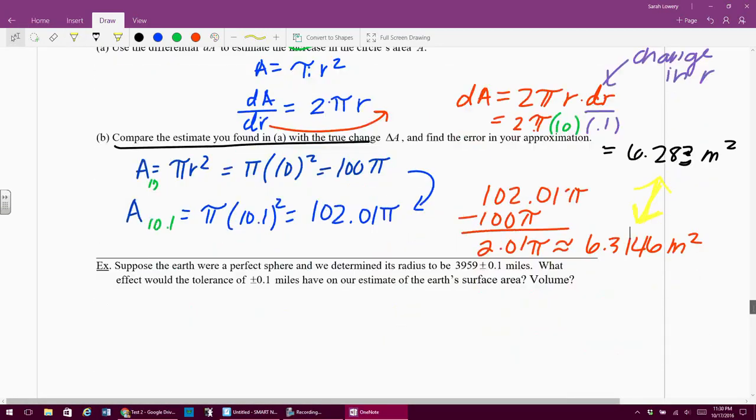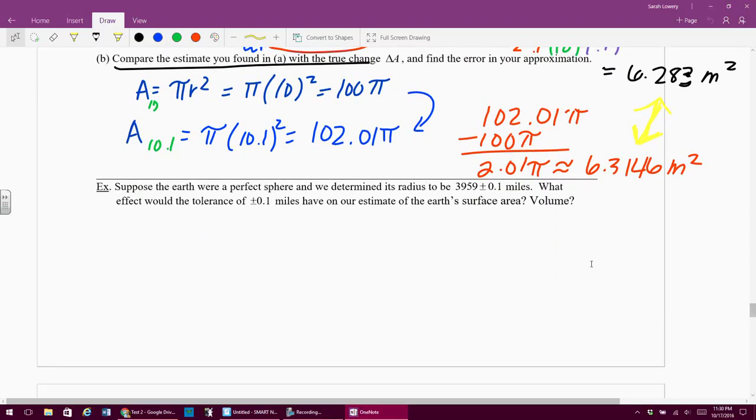Let's do another. Suppose the Earth were a perfect sphere, and we determined its radius to be 3959 plus or minus 0.1 miles. What effect would the tolerance of 0.1 miles have on our estimate of the Earth's surface area? Let's start with that.